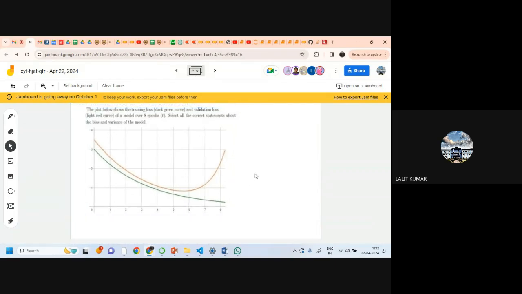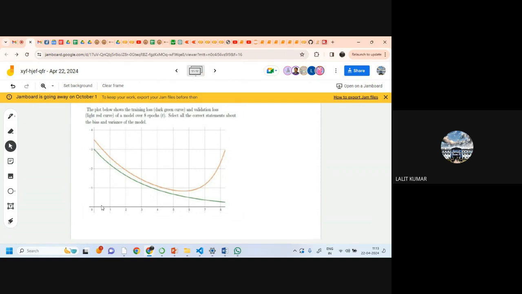Now here, the plot below shows the training loss, the dark green curve, and the validation loss of a model over 8 epochs. Select all the correct statements about the bias and variance of the model.